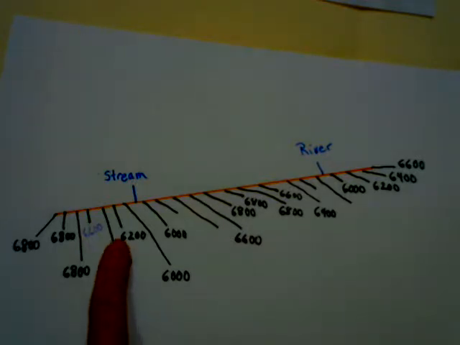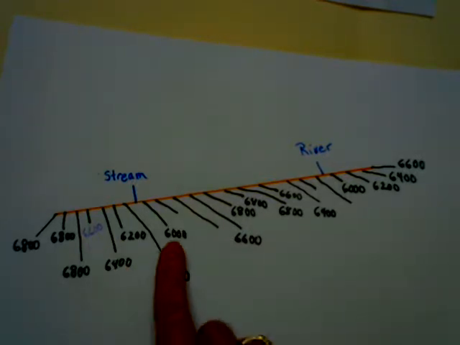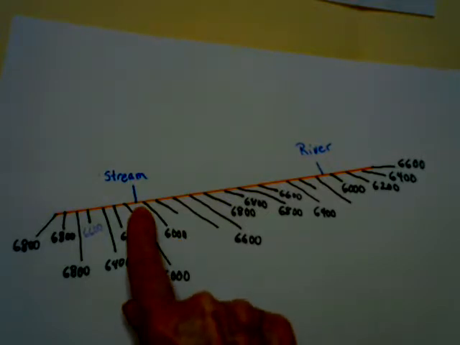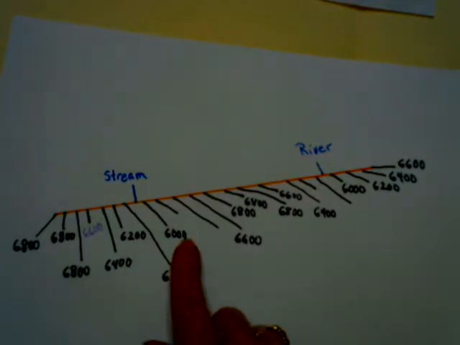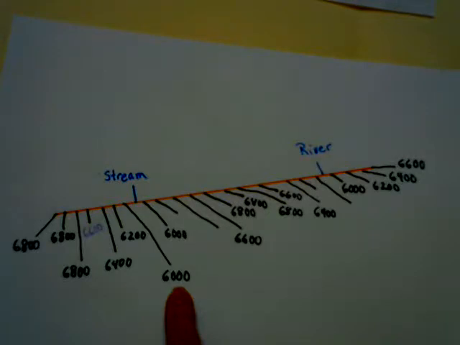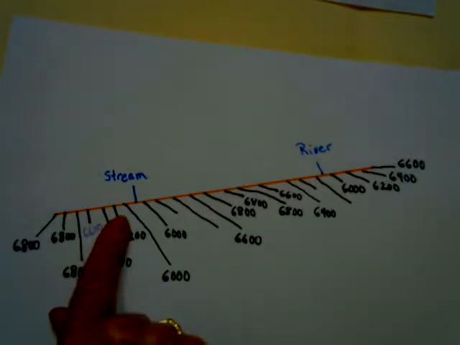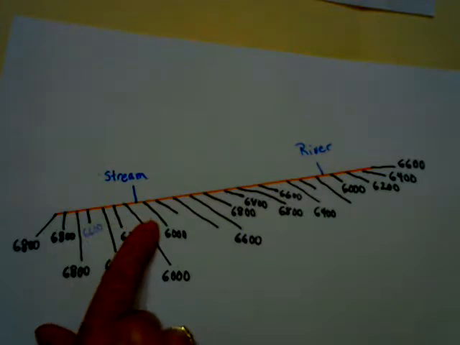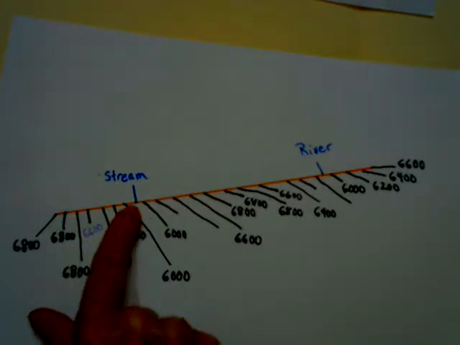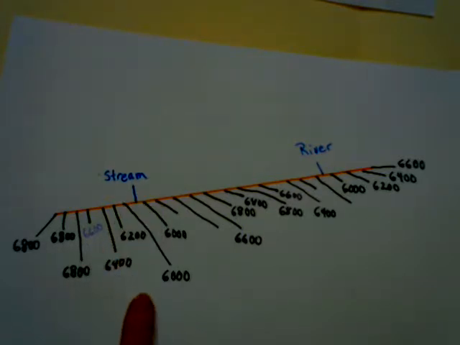So we're at 6,400, 6,200, 6,000. Notice that we've got a second 6,000. That's because the stream is in the middle and the elevation on either side of the stream or river is the same value. So if on the left bank it's 6,000, on the right bank it will be 6,000. As we move away from the water, we're going to increase in elevation.